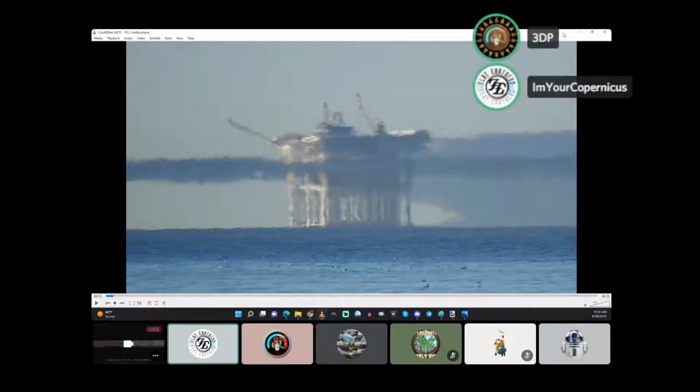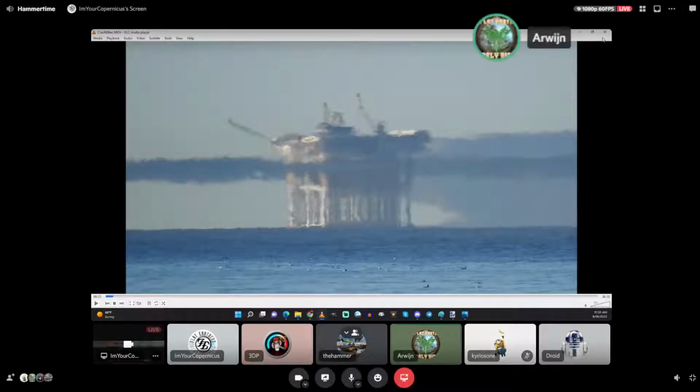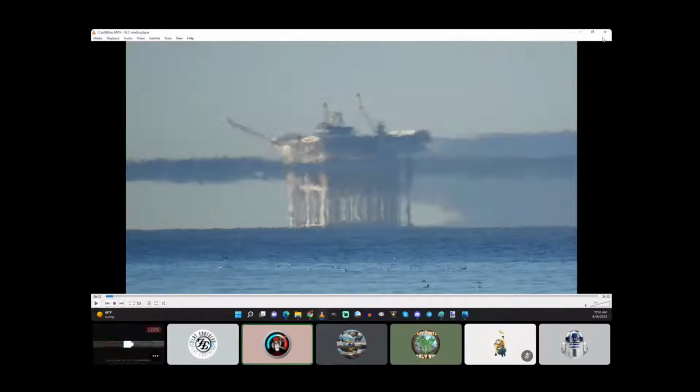Sounds like it. But can you spot a mirroring effect in the lower part of the reflection then, Arwijn? Yeah, it seems all mirrored. Right, but it's all mirrored once, but then there is part of it that I believe is mirrored back on itself.